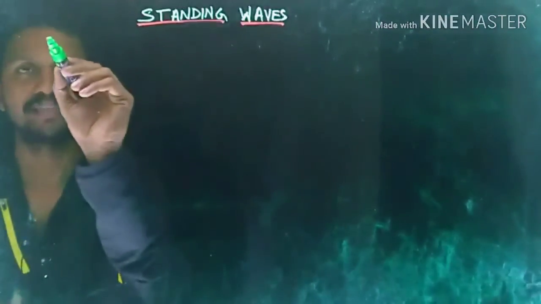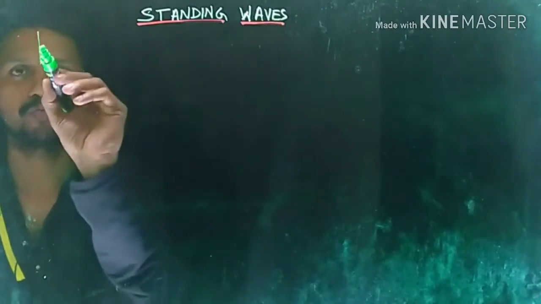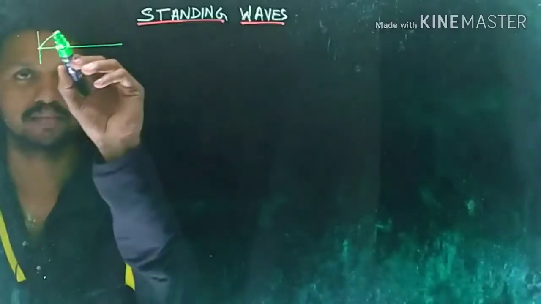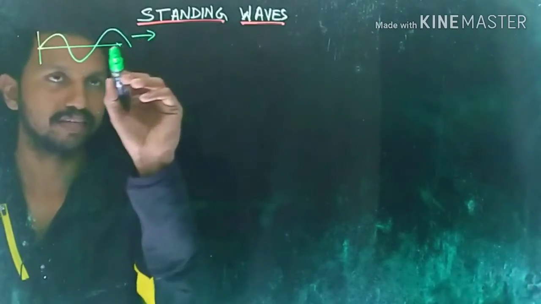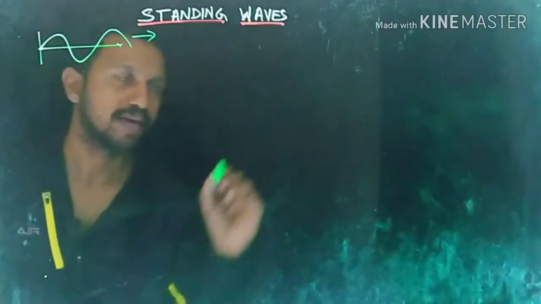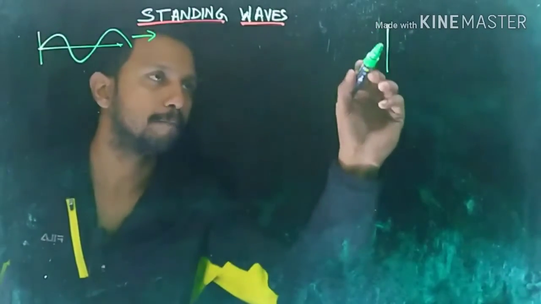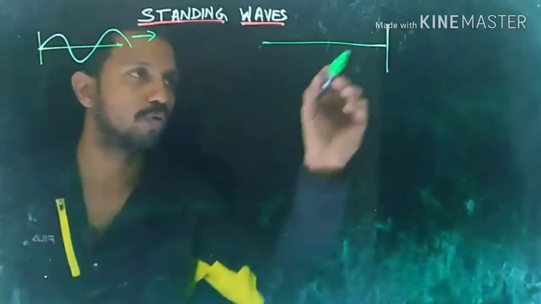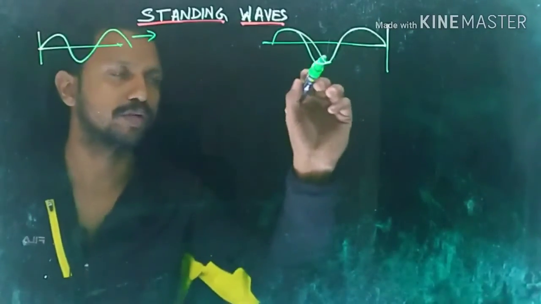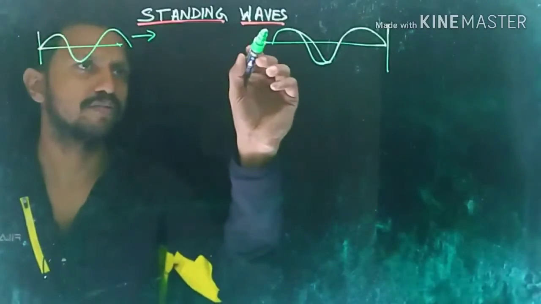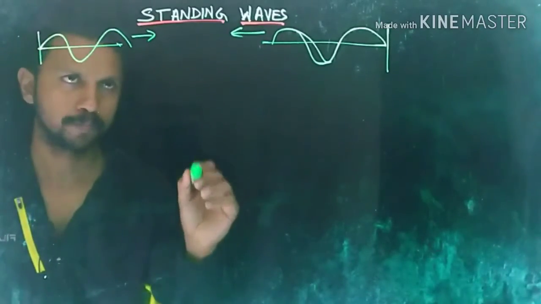Therefore, let's draw our first wave like this. Let this be our first wave, and it is traveling in this direction, and it is combined with another wave over here. This wave is of the same frequency, but it's traveling in this direction.